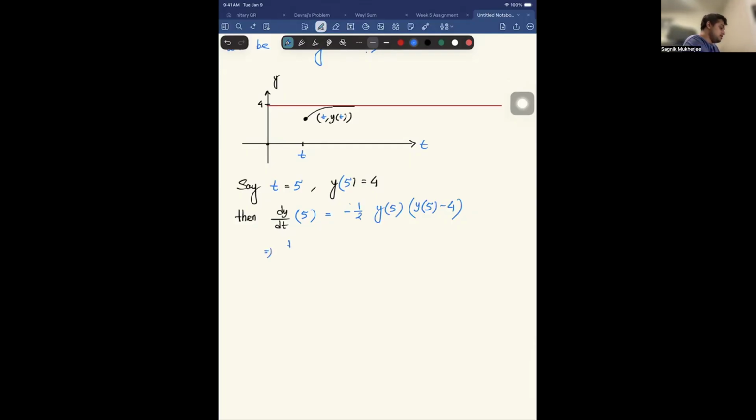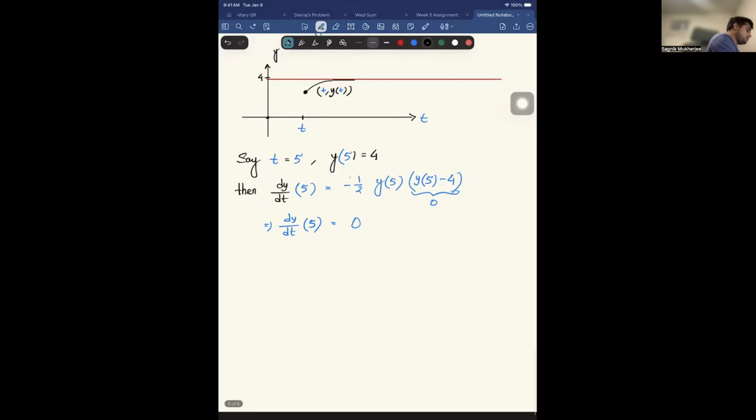That means dy/dt at 5 is what? y of 5 is 4, so it is 0, right? Now, what does it mean for dy/dt becoming 0 at the point 5? So, at t equals 5, dy/dt is 0.